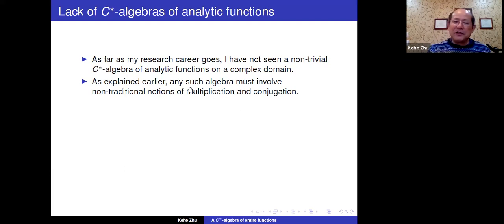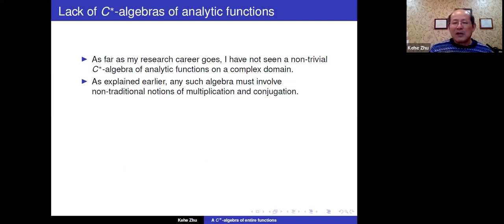Another thing you need is an algebraic structure. Oftentimes, when you have a space of analytic functions, for people in this area, we have many Banach spaces of analytic functions: Bergman space, the Hardy space, many function spaces. You have a complete norm, but you don't have a multiplication operation like the Bergman space, the Hardy space.